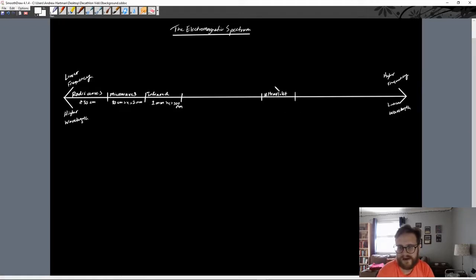This goes from 400 nanometers to 10 nanometers, which means the visible part is about 700 nanometers to about 400 nanometers in length.